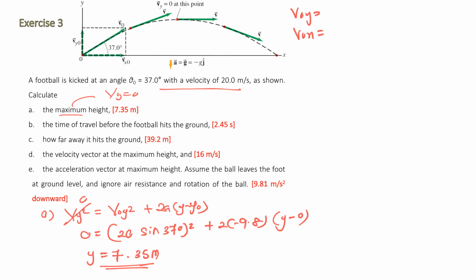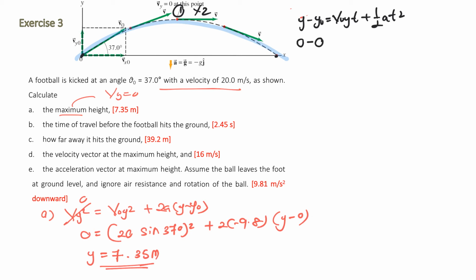Next, the time of travel before the football hits the ground. From the picture itself, you can see that it is basically a parabola. So like I mentioned before, for you to find time, you may find time at the maximum point and then just multiply by 2. But I want to show you another method, another formula that you can actually use. You can use only one equation to find time, where I'm going to use y minus y naught equals v naught y t plus half a t squared. Because it kicks and reaches the same level, you can put y and y naught as 0 and 0.